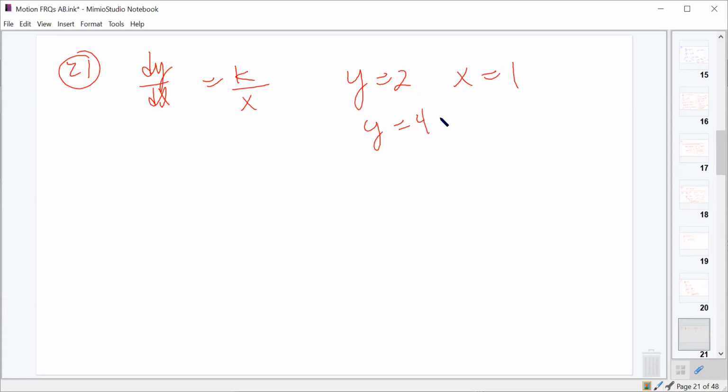They give us y equals 4 when x equals e. And they want us to figure out when x equals 2, what does y equal?